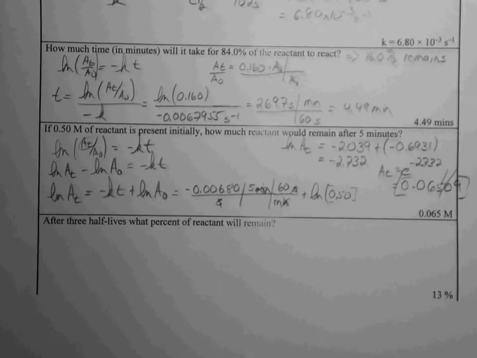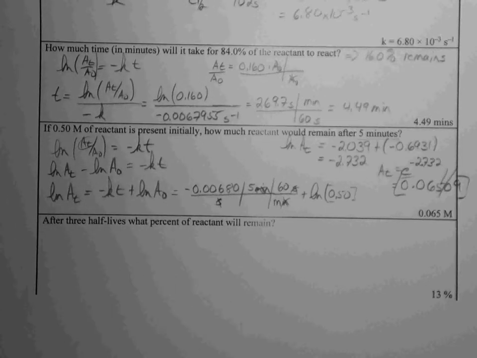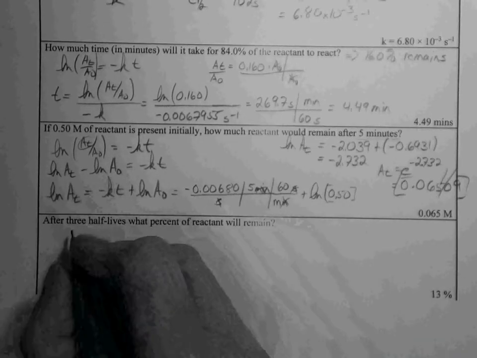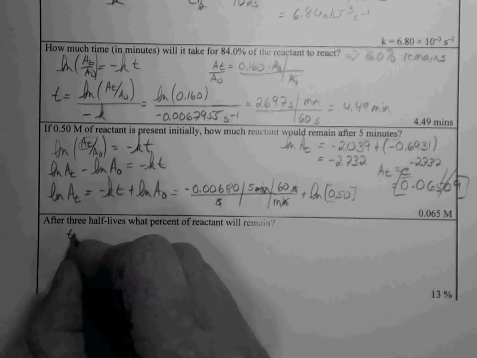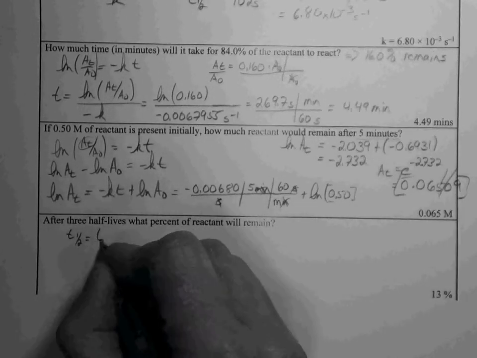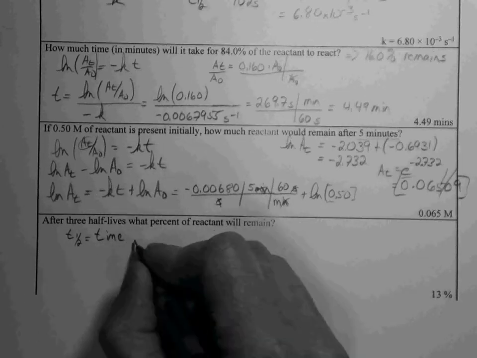The last question is, after 3 half-lives, what percent of reactant will remain? The same result is going to be obtained regardless of the order of the reaction, because the half-life is the time for 1/2 of the reagent to be consumed.